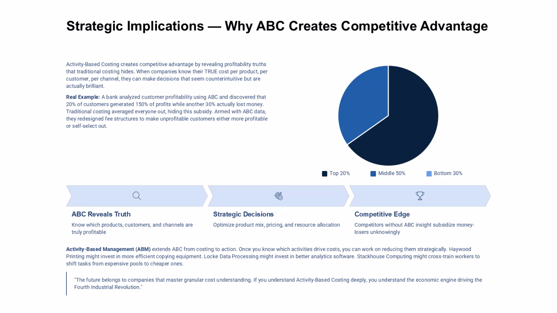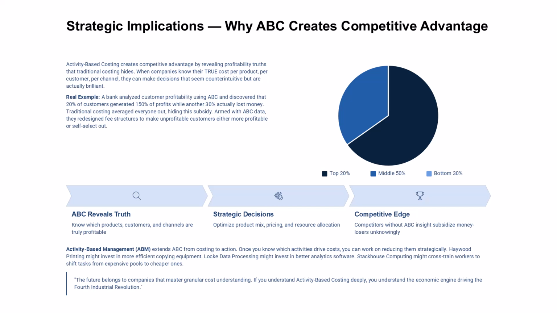The future belongs to companies that master granular cost understanding. As artificial intelligence and automation transform industries, the activities within businesses are changing rapidly. Tasks that once required $100 per hour data analysts might be handled by AI at pennies per query.